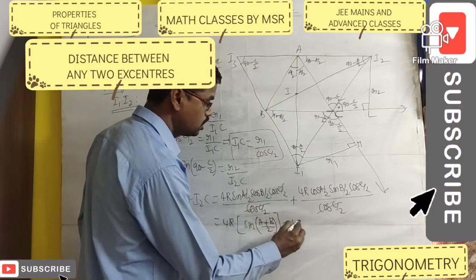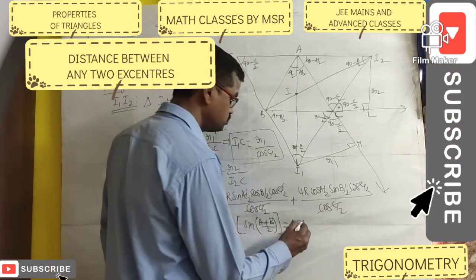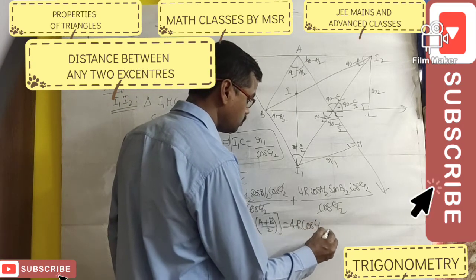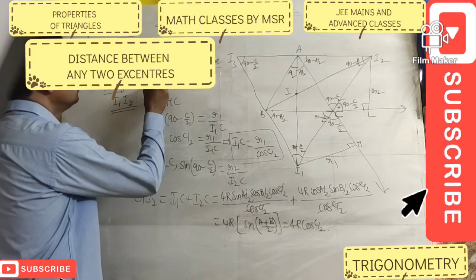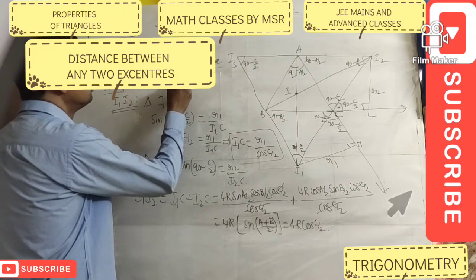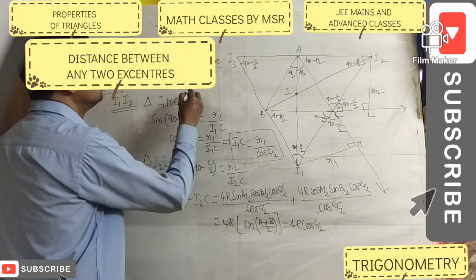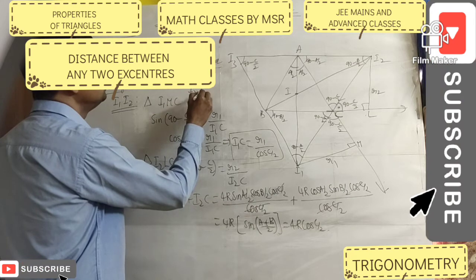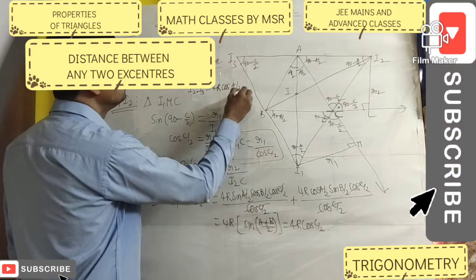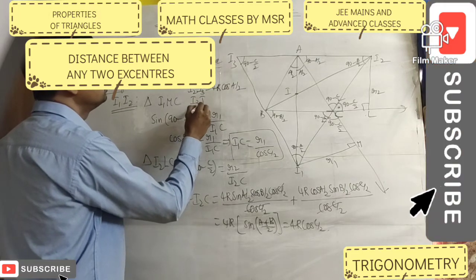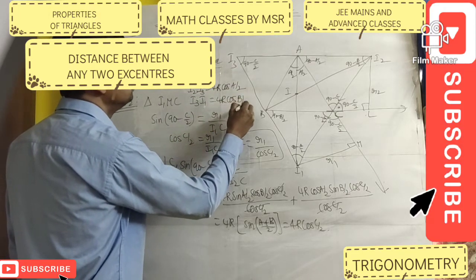That is 4R sin of A plus B by 2, which is nothing but cos C by 2. So the value of I1I2 we got is 4R cos C by 2. Similarly, I2I3 will be 4R cos A by 2, and I3I1 or I1I3 is 4R cos B by 2.